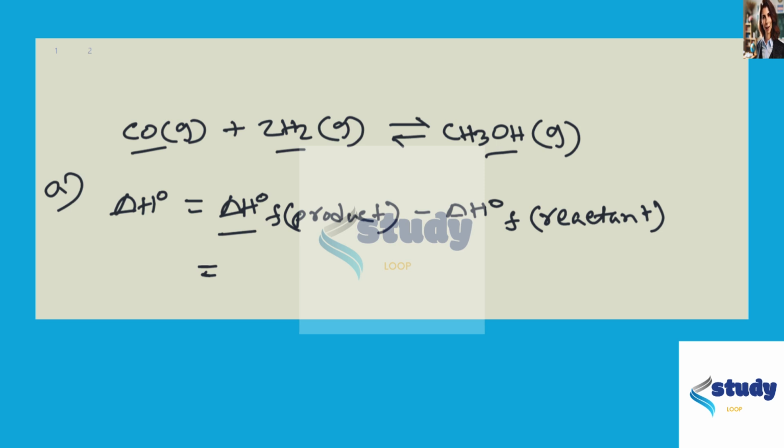So if we look at the thermochemical data from Appendix C of the book, we'll see that the del H naught value for the formation of methanol in gaseous condition is minus 201.2 kilojoule. And for carbon monoxide, the reactant, the value is minus 110.5 kilojoule.